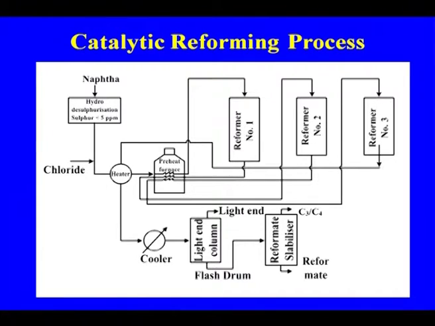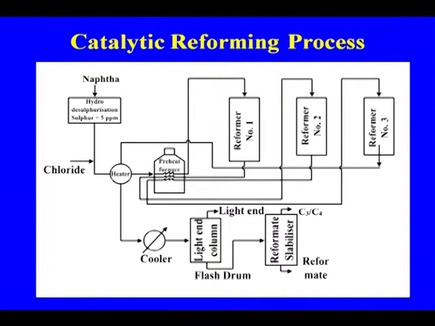After reactor 3, the final product is used for preheating, because we utilize the heat of the reactor effluent here, and after the cooler it goes to the light end column.